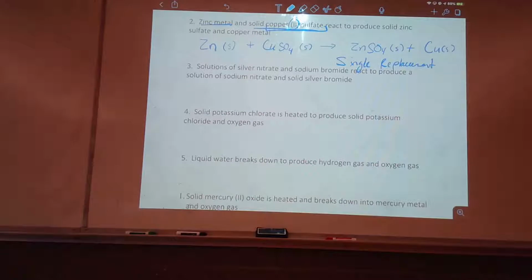So you have the zinc sulfate, but you're forgetting the copper metal. So yeah, and everything else is right.